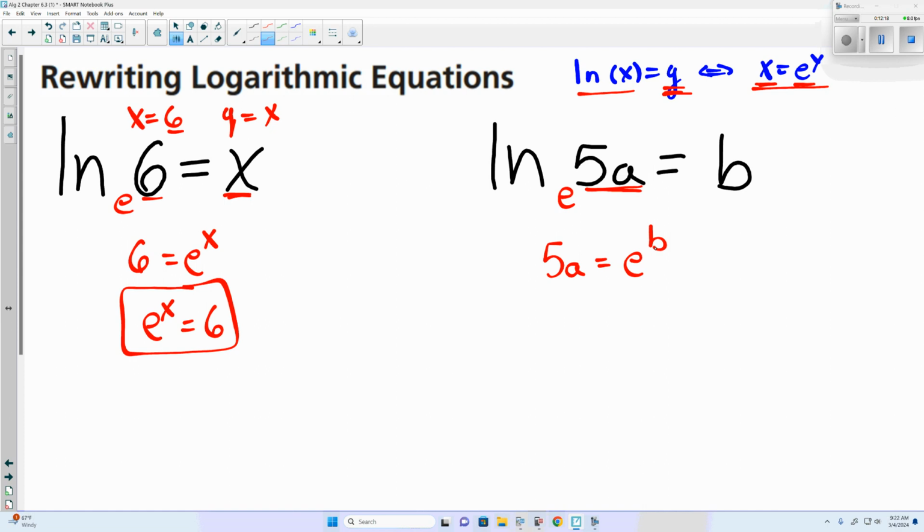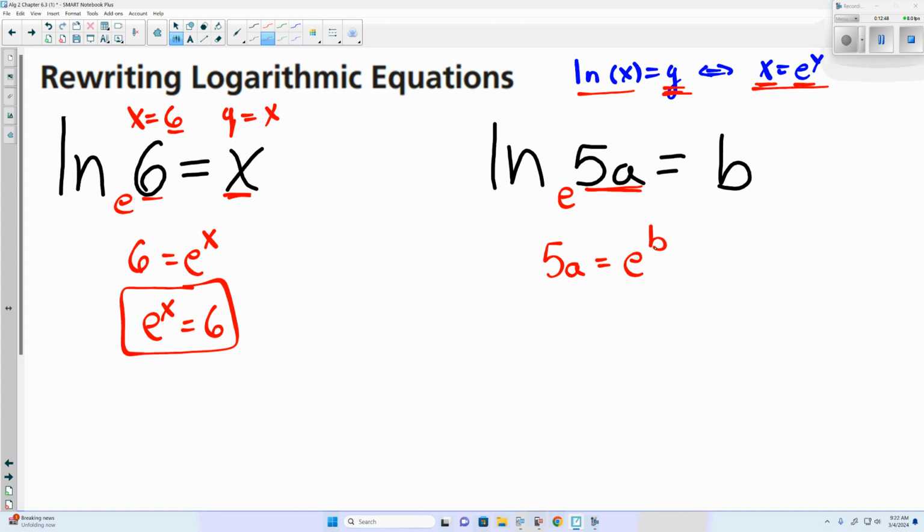It's the same, so what we did with logarithms, if you think about how we did this with log, it is the exact same thing.